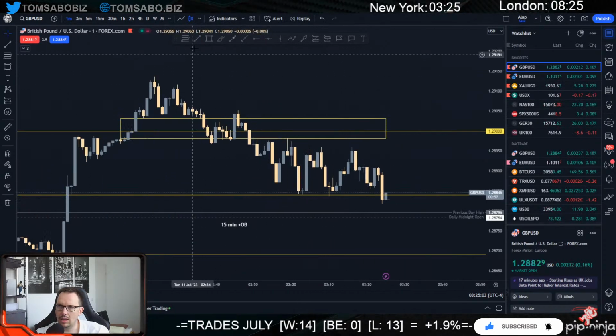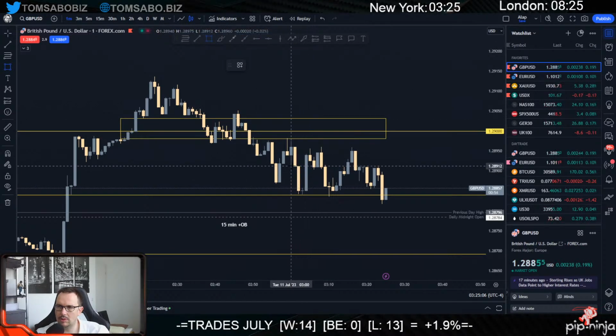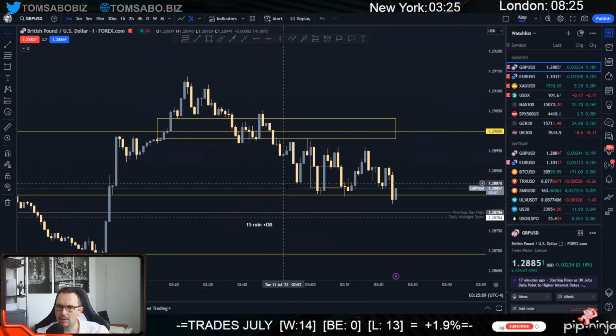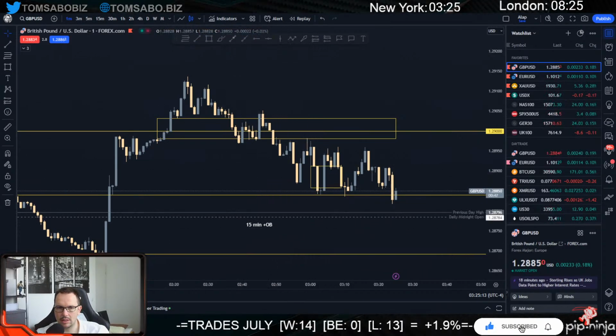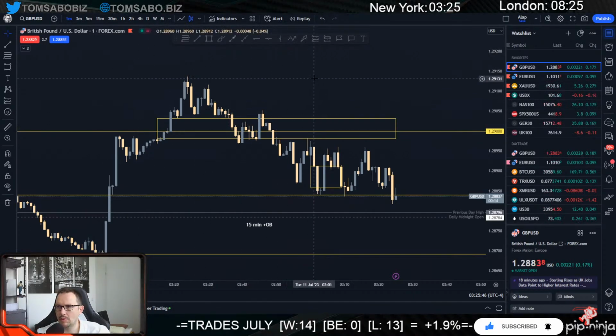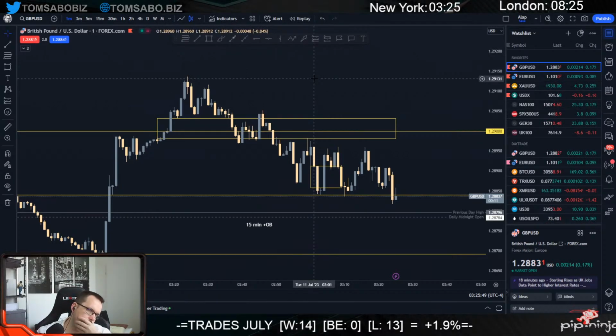You know, this could have been a silver bullet entry, maybe not the most perfect one, but this fair value gap here, if you want to target the mid threshold of this bullish order block. I guess we'll see.